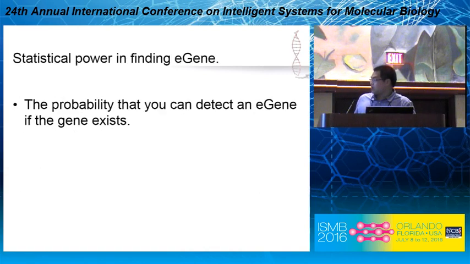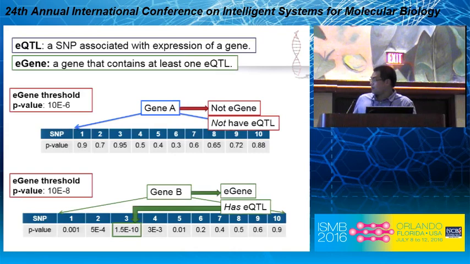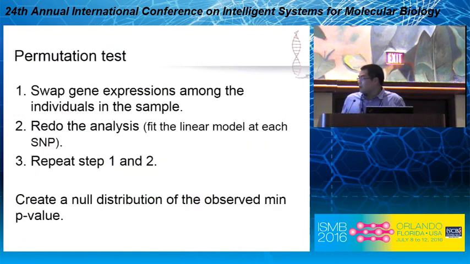For example, you would create a null distribution of this minimum p-value here. And by knowing the null distribution, you can easily get, say, the top 5% quantile, which then becomes your eGene threshold p-value.